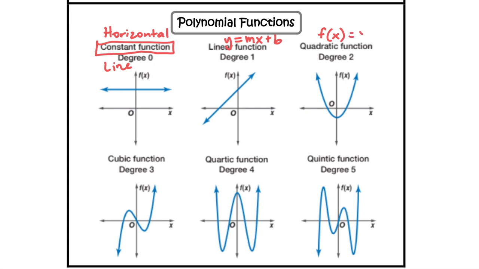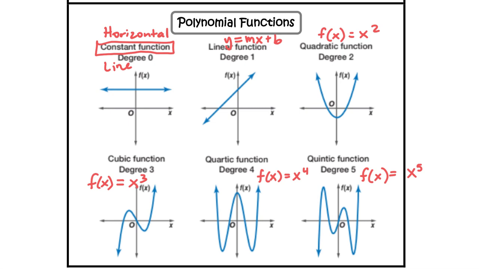These are functions that have x to the 2nd power. Then cubic functions are functions that have x to a 3rd power. Then we have functions where it's equal to x to the 4th power. These are called quartic. And then if it's degree 5, that's to the 5th power. These are called quintic.